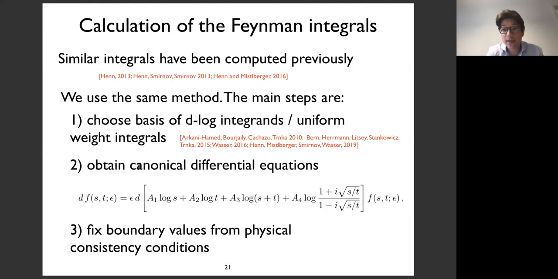This calculation, by now, uses methods that are well established, the differential equation method. It uses a representation of the basis functions in terms of uniform weight objects. So that's very useful. And going through all these steps, we get the following canonical differential equations here. And I just want to highlight for the experts that the alphabet that you get, the first part is the same as that you have usually in 4-particle scattering, but there's one additional letter.